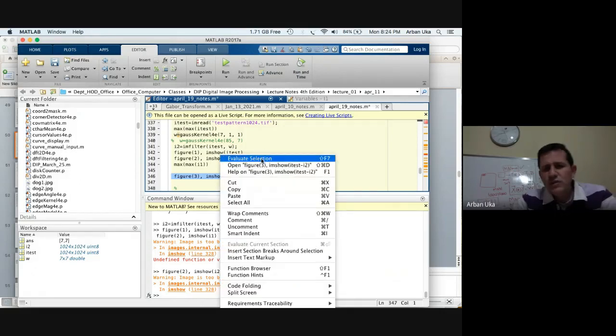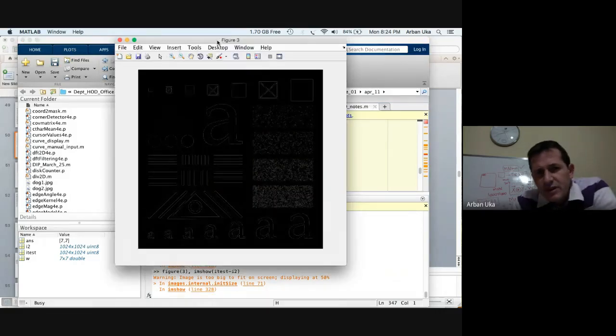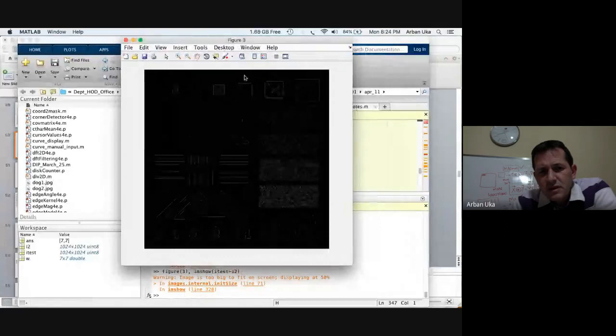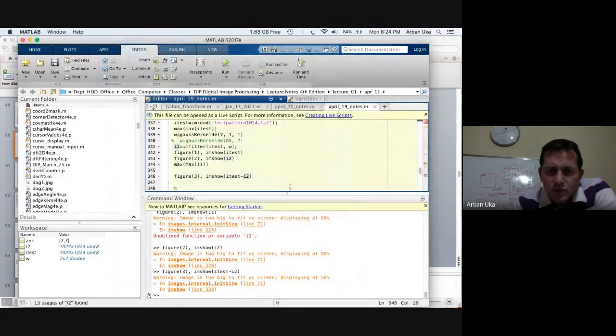If these two images are equal to each other, then we should get zeros. Now let's see what we observe. So this is the difference that we obtain from subtracting these two images.